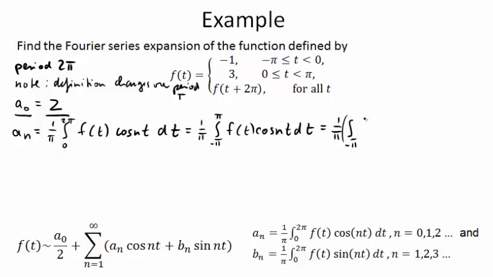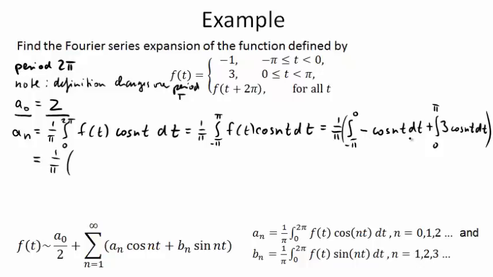So from negative pi to 0, again I've got minus 1, so that gives me minus cos nt dt. And I've got the integral from 0 to pi, and for that I've got 3 cos nt dt. So that's 1 over pi times.